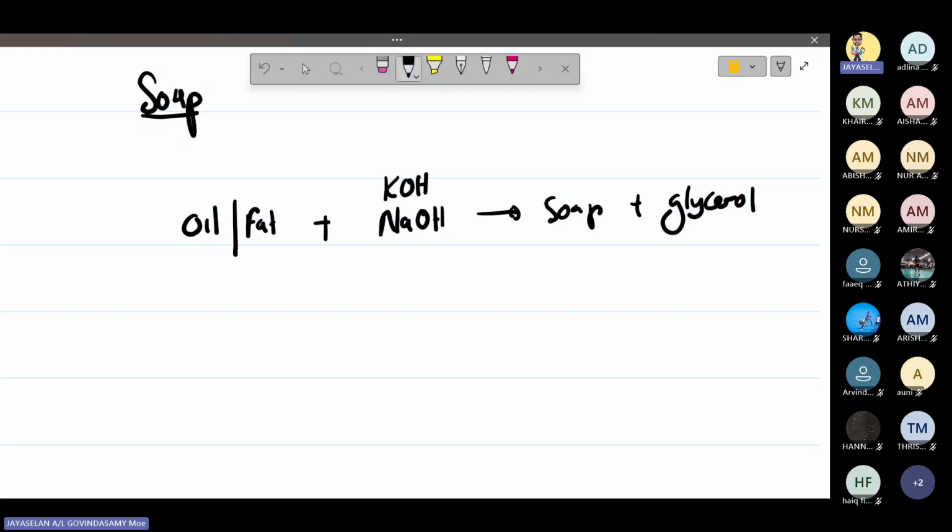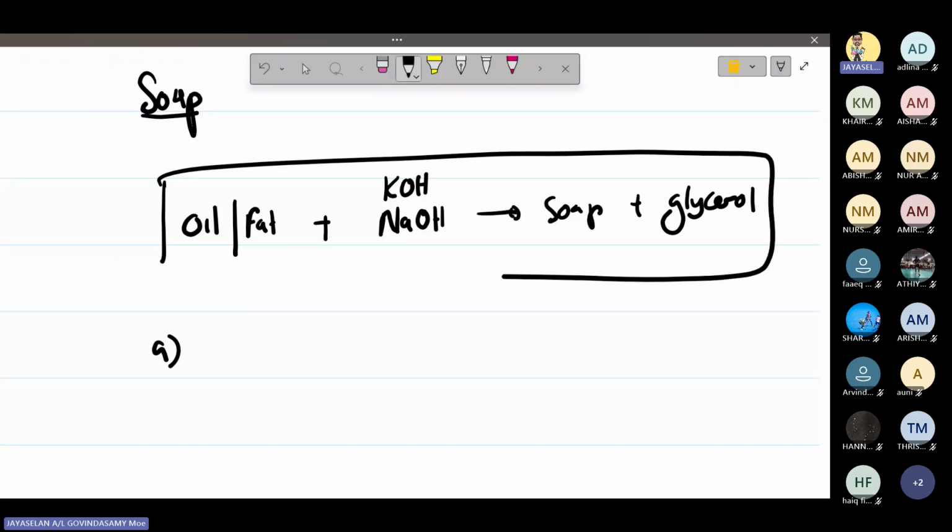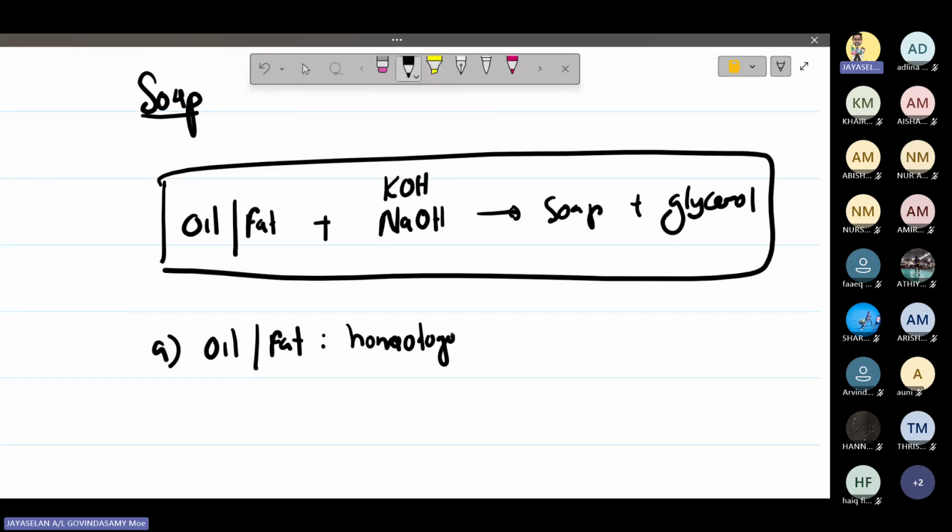glycerol. Glycerol is an alcohol. When they give you this, I want you to remember two questions. First, oil or fat belongs to what homologous series? Ester. You already score 1 mark.